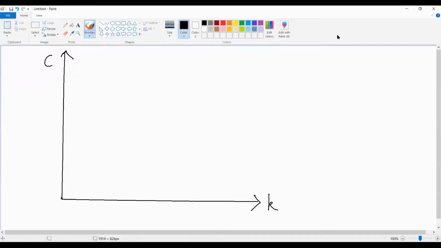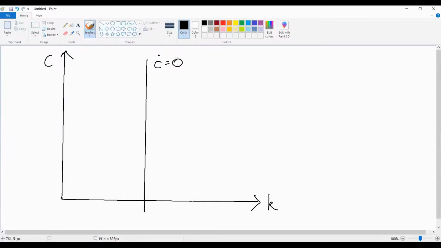So here is that space. On the vertical axis, we have consumption. On the horizontal axis, we have capital. And as discussed, there is one and only one value of capital for which C dot equals 0.